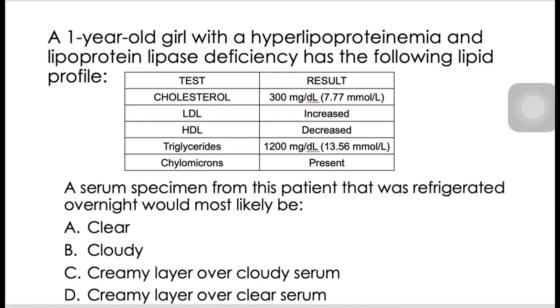So kung present po yung chylomicrons dito after standing the specimen or standing plasma test nga po or having it refrigerated overnight, it will show nga po a creamy layer or a floating creamy layer, no, over a clear serum. Okay? So kung yun nga po ay chylomicrons, it will form a floating creamy layer and the supernatant now will be cleared. No? Okay?